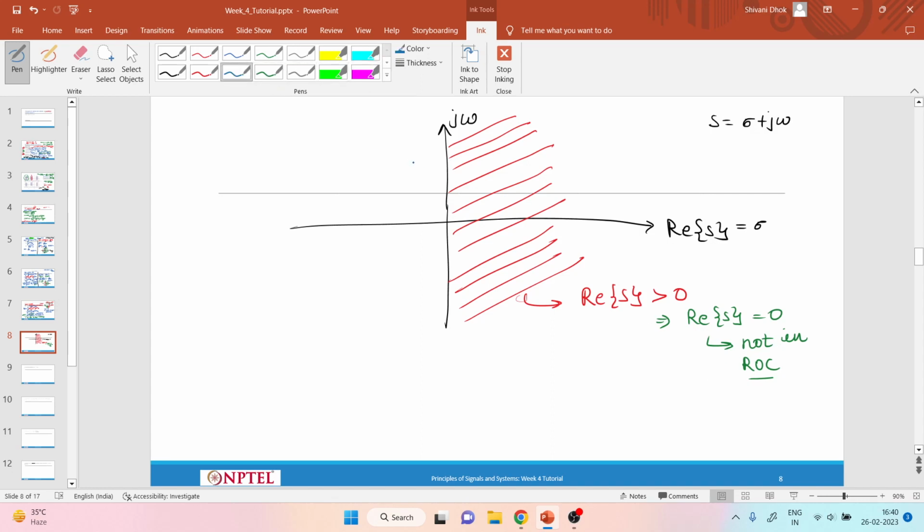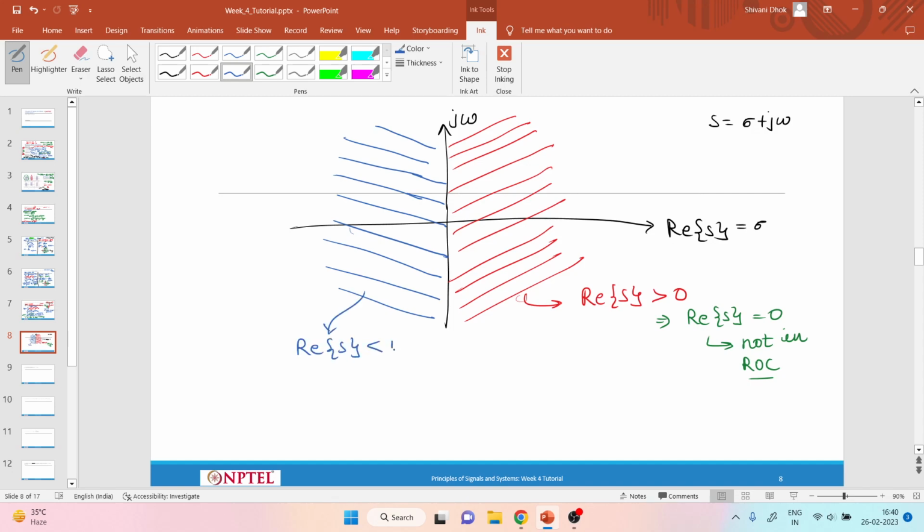Similarly, if I consider the other signal x2 tilde, its region of convergence is something like this. This one is for x2 tilde and it says that the real part of s is less than 0. Again, real part of s equal to 0 is not in the ROC.